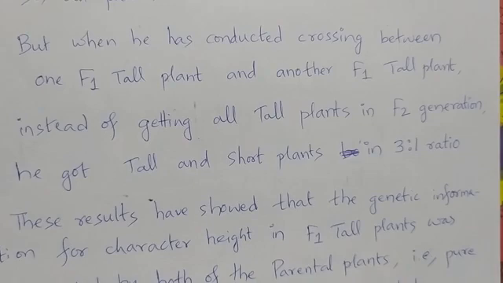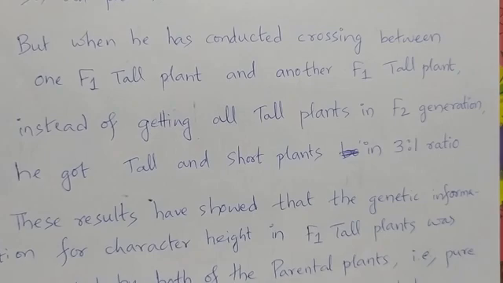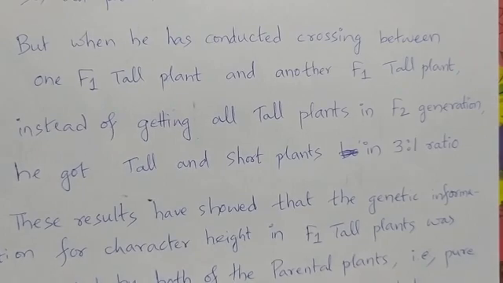Both of them are F1 tall. So when pollen is transferred between two tall plants of the F1 generation, instead of considering it a crossing, you can consider it a selfing, because both of them have the same type of traits. So Mendel thought that it is selfing.